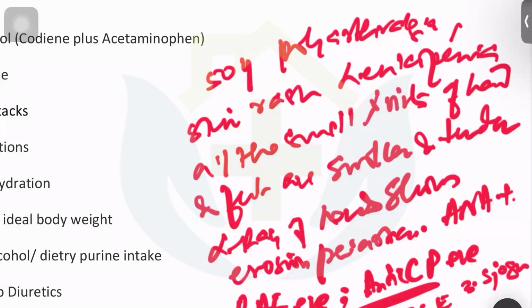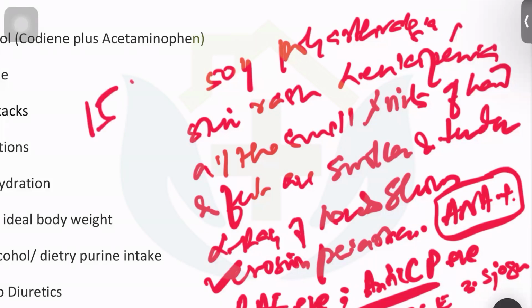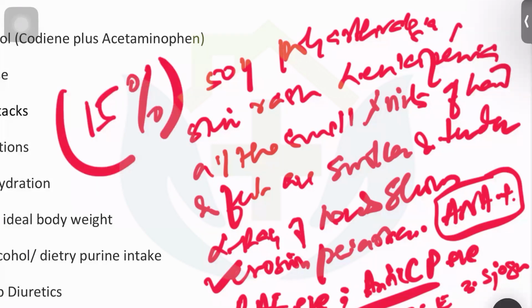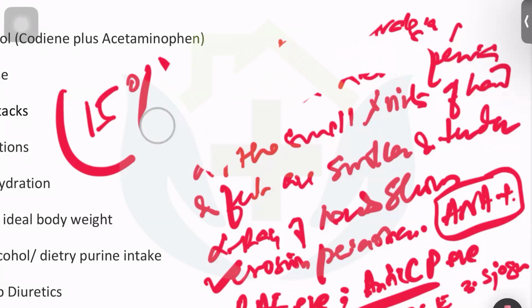What is the answer? Rheumatoid arthritis. Why? Anti-CCP antibody is positive. Yes, and also there is erosive periarticular region. What about ANA? ANA may be positive in rheumatoid also. Up to 15% of patients of rheumatoid arthritis can have positive ANA.